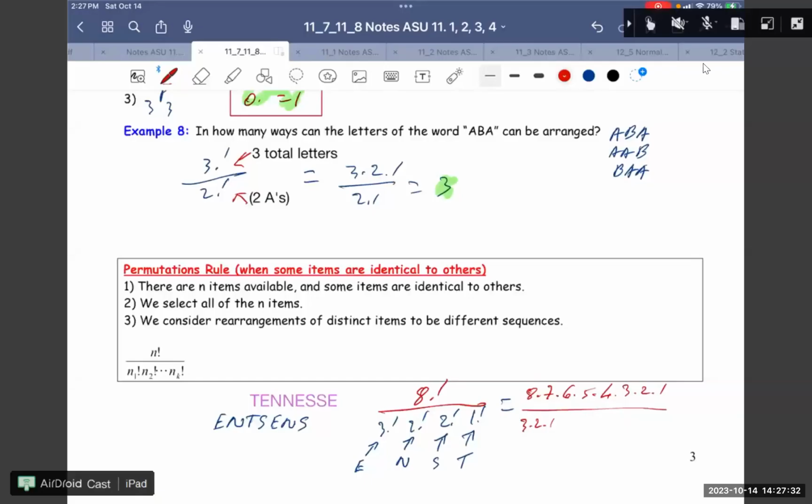So right now I have 2 factorial, so times 2 times 1, and 2 factorial, times 2 times 1, and times 1. So we can cancel this 3, 4, and also we have 2, 2. So we're done. If we do the calculation, we should get 1680. So this one is 1680.